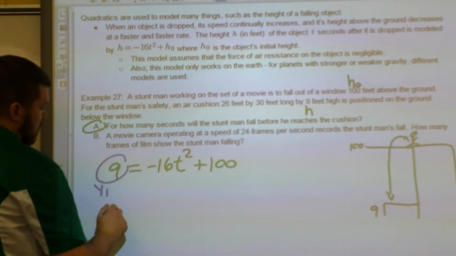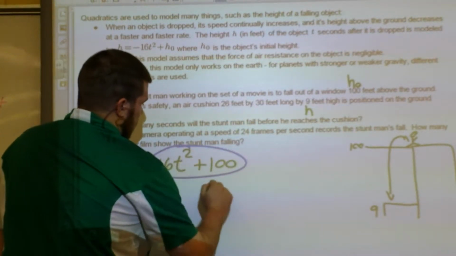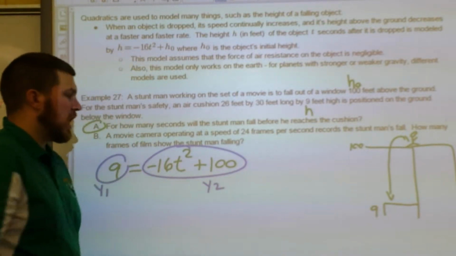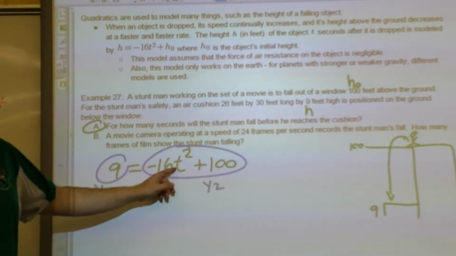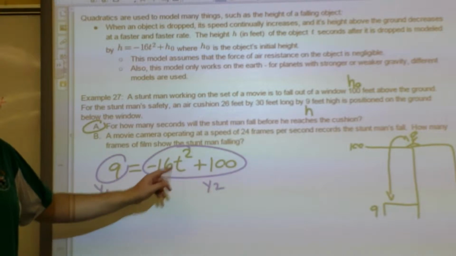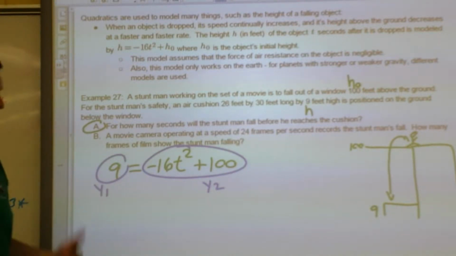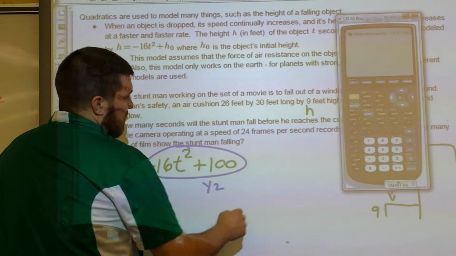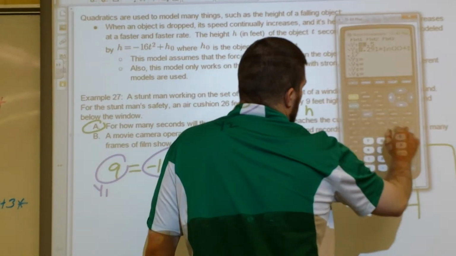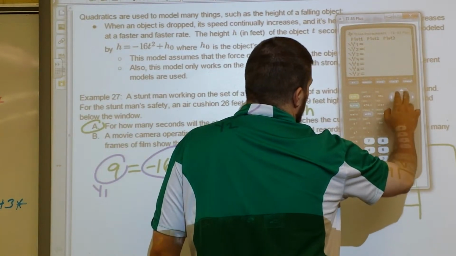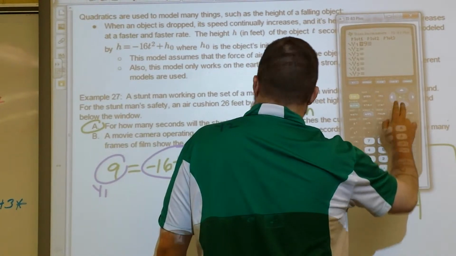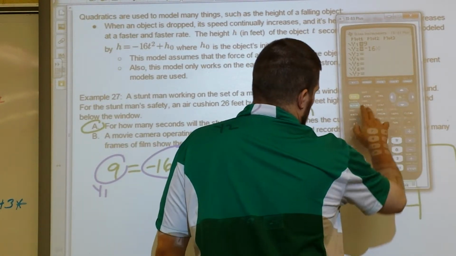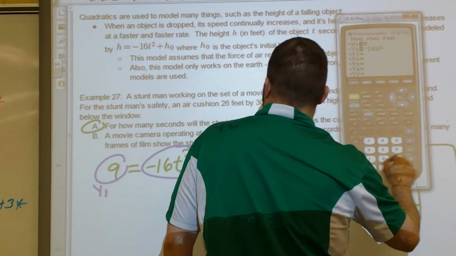Left side is always y1. Right side is always y2. And as always, our calculator only understands x's and y's, so we're going to pretend that t, or time, is an x temporarily. So y1 equals 9 and y2 equals negative 16x squared plus 100.